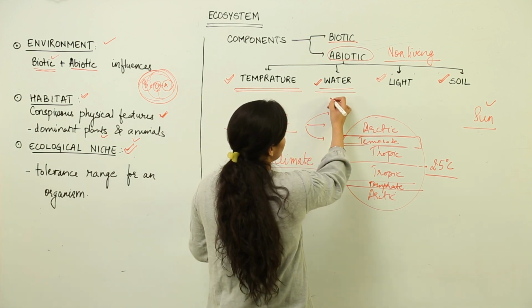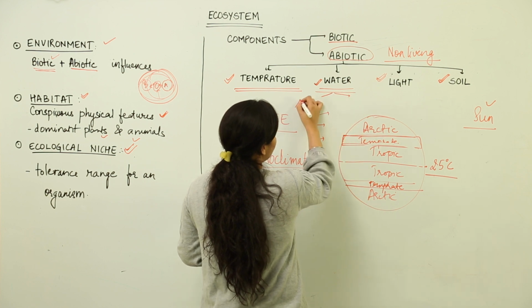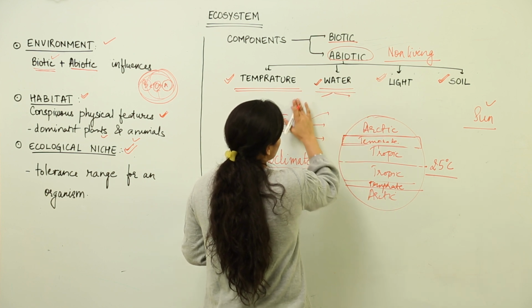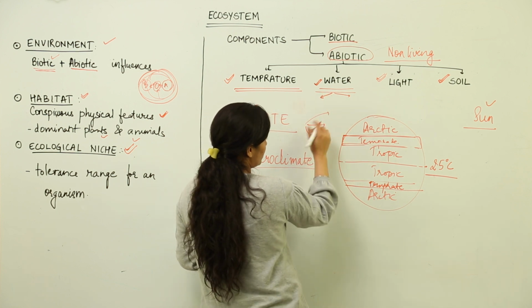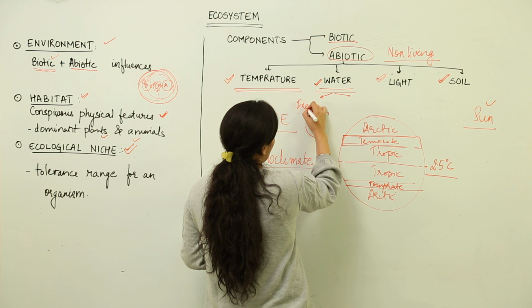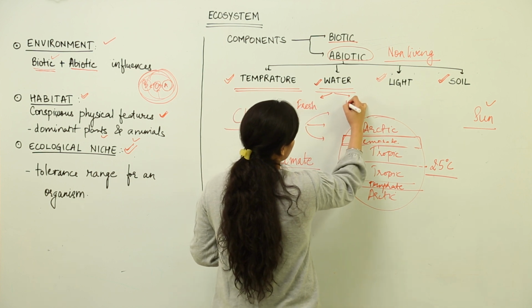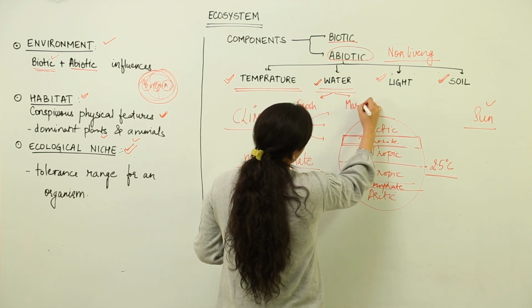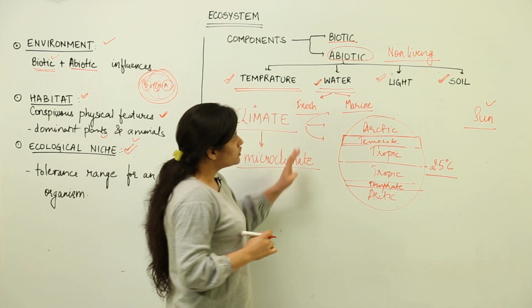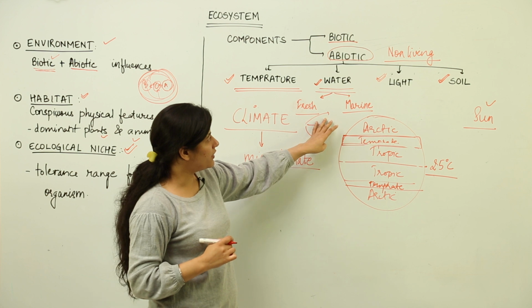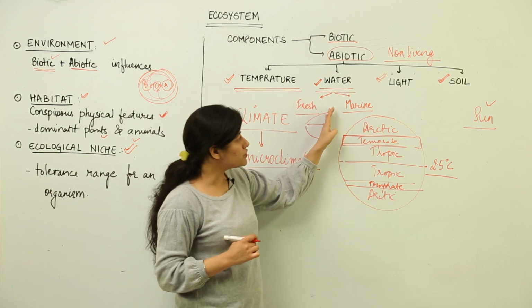When I talk about water, I am considering salinity basically. Salinity divides water habitats into two types, freshwater and marine water. You know that water is the place where life first originated. So water also has an important role to play in the environment of an organism.